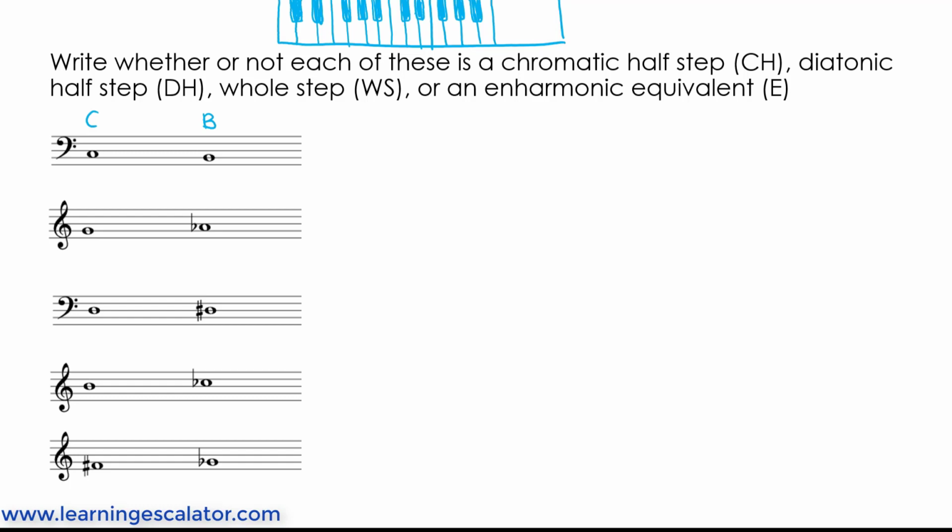So this is C, and B is this note over here. So this is a half step, but you want to know if it's a chromatic half step or diatonic half step. Since they use different letter names, that means it's a diatonic half step.